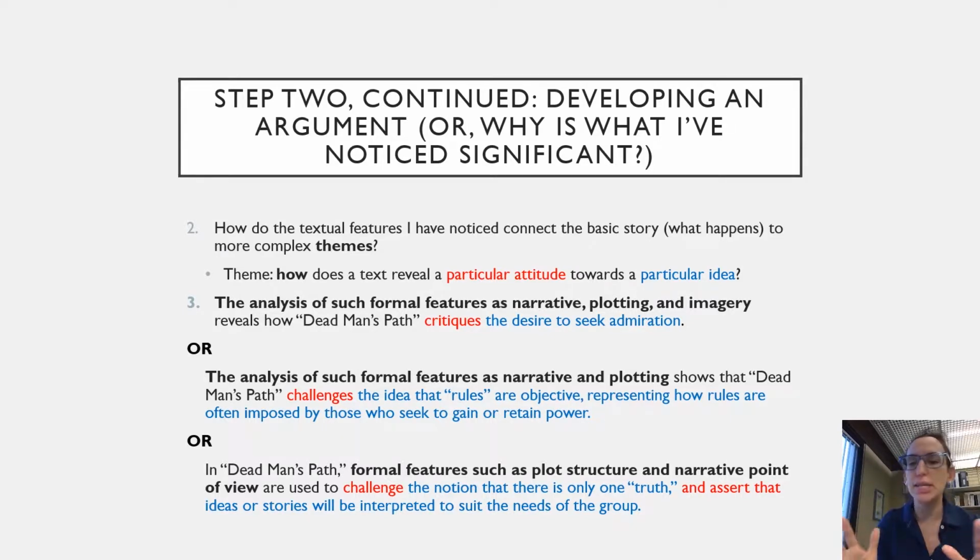And a really simple argumentative structure, and this is not just for literature, this is for reading a whole variety of objects across disciplines, is that you're going to say, these particular features, these things that I've noticed, these data points show that the text is trying to articulate this theme, this position, this idea. It's a really, really basic argumentative structure.